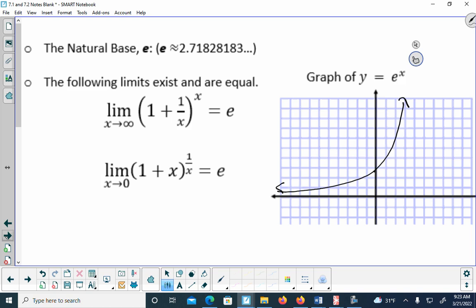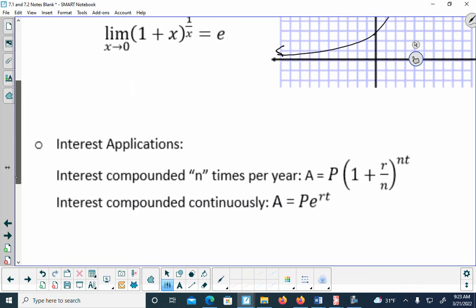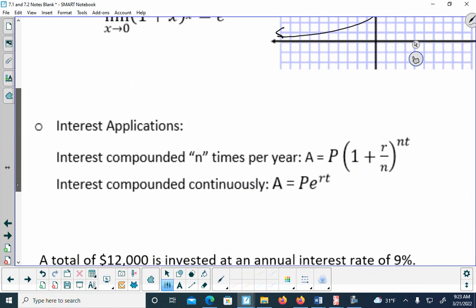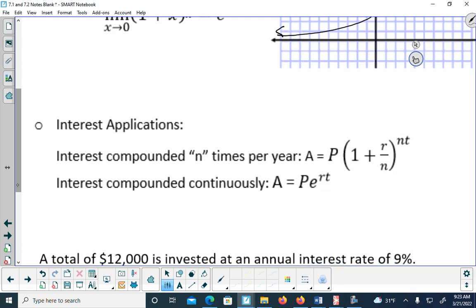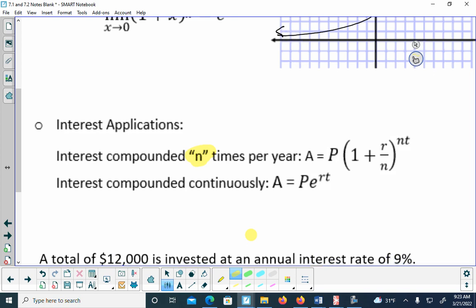So e comes in very handy. We use it a lot, especially with interest rates. You learned to do interest problems before. If I'm not compounding continuously and it compounds n times per year, I'm going to take my rate, remember my rate is going to be a decimal, divide it by the number of times I'm compounding per year, and then raise it to the number of times I'm compounding per year times the number of years.